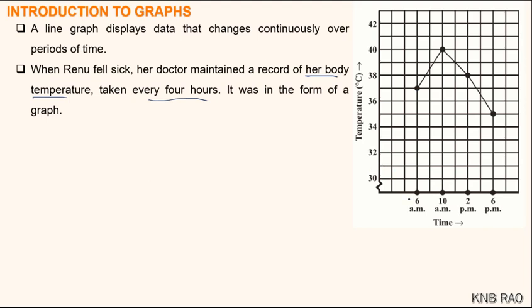And here if you observe 6 am, and after that the next interval is 10 am. That means 2 units are 4 hours, so 1 unit is 2 hours, isn't it? So, 8 is missing, 12 is missing, 4 is missing. That means here 6 am, 10 am, 2 pm, 6 pm.